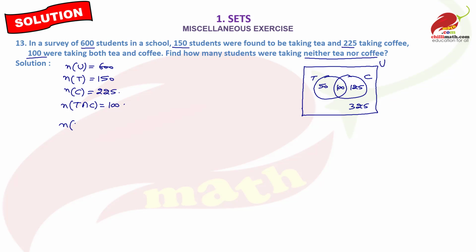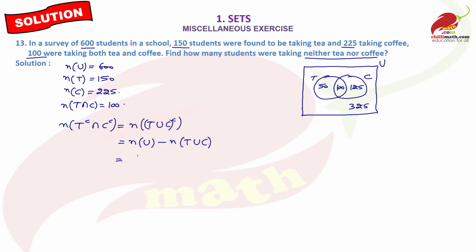We need to find which are not taking coffee and not taking tea. Okay, not taking tea and not taking coffee. This we can write as T union C complement, which in turn we can write as total, that is the number of elements in the universal set, minus T union C.